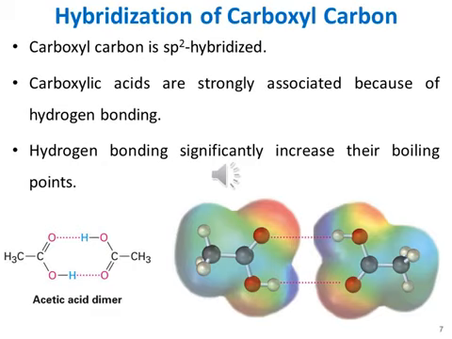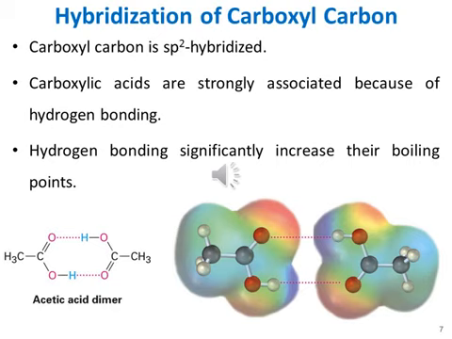So acetic acid molecules usually exist in the form of a dimer unless they are diluted, present in very low concentration. Obviously this low concentration will have an effect on the hydrogen bonding, which is beyond the scope of this lecture.